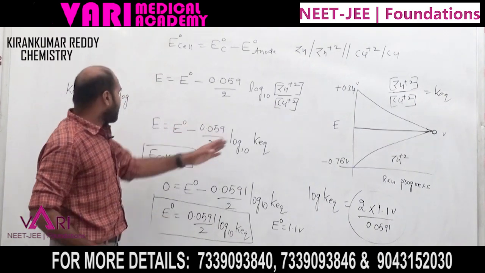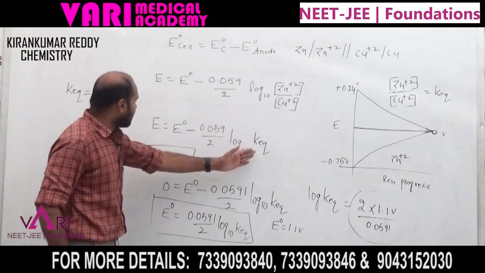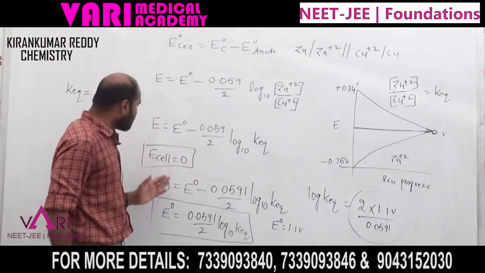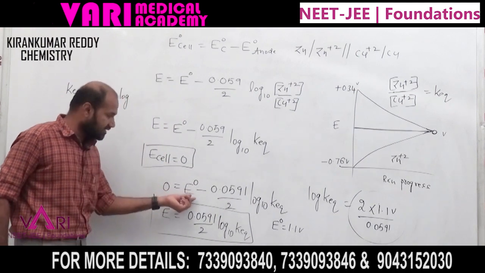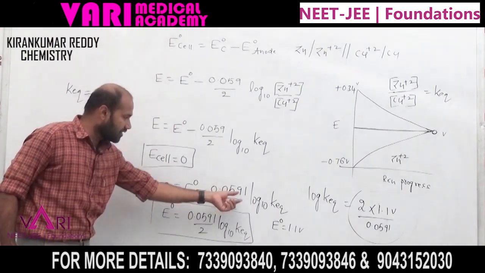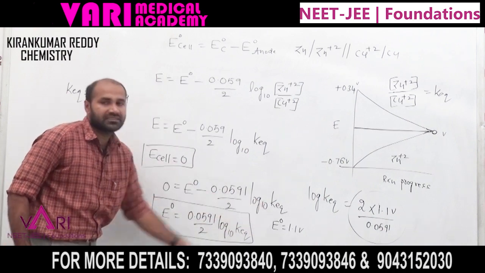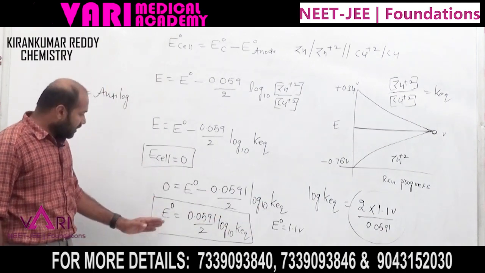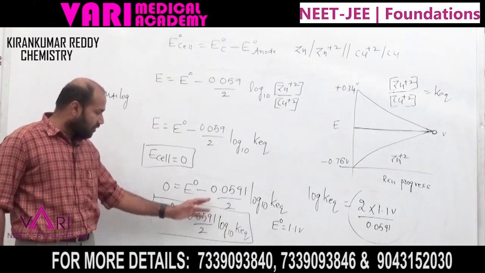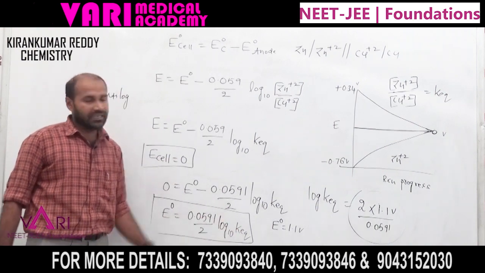Now at equilibrium E cell is equal to 0. Putting 0, E naught cell is equal to 0.0591 by 2 log to the base 10 K equilibrium.